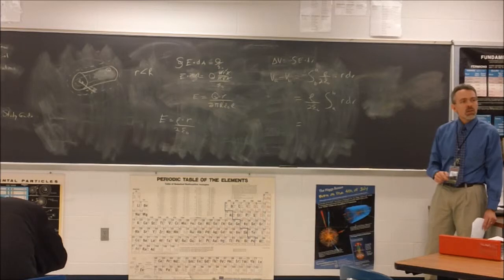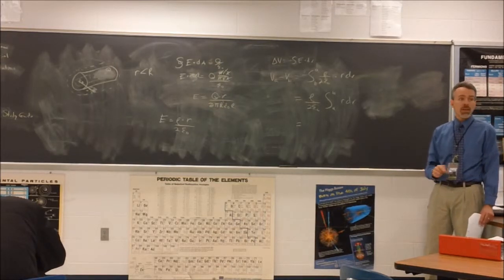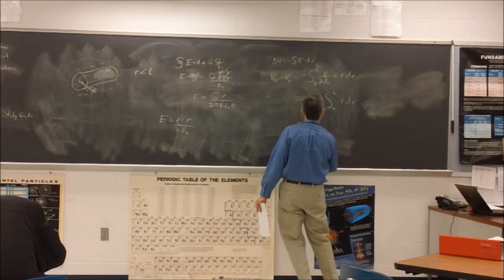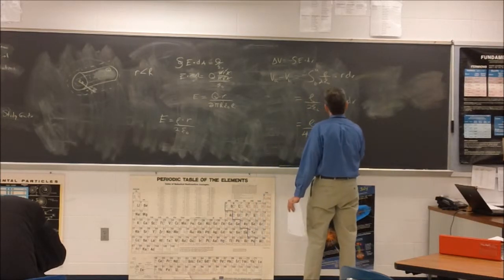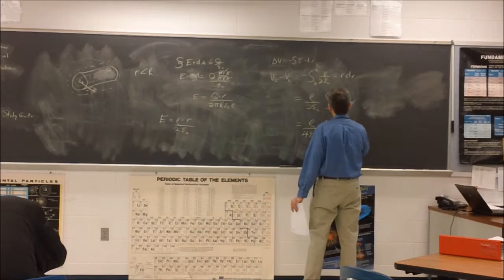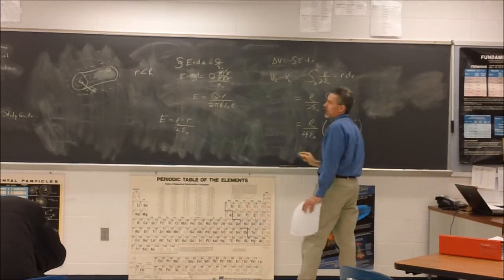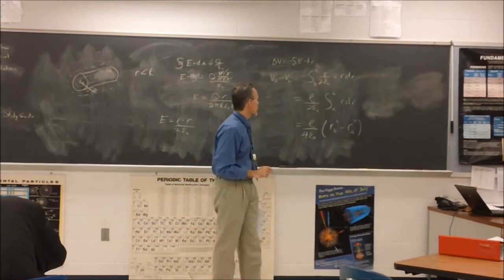I get r squared over 2. Don't forget that. So this becomes density over 4 epsilon naught times r evaluated at B squared minus r evaluated at A squared. Okay, why did we achieve that?